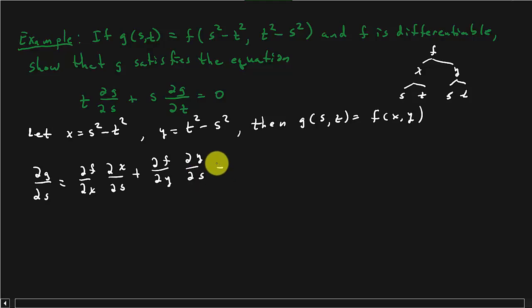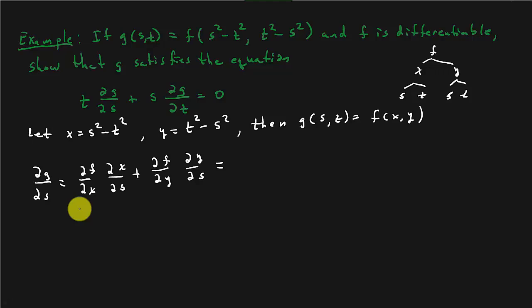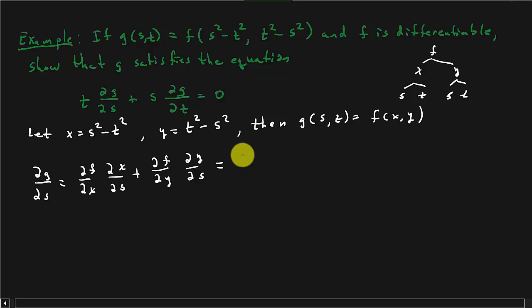And what is that going to equal? Well, the partial of f with respect to x. What does that give me? Well, that's just partial f with respect to x times, because they don't really tell us what f is, do they? They don't give us what that function actually is.